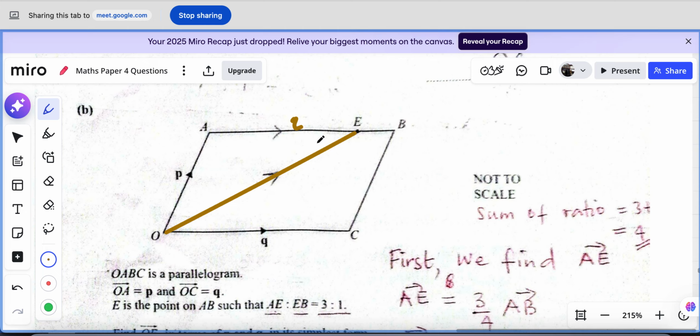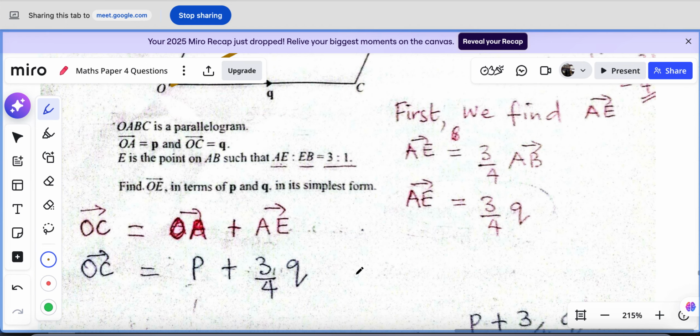To get from here to here is this plus this, right? And we already know AE is 3 over 4 Q. That's what we calculated first.